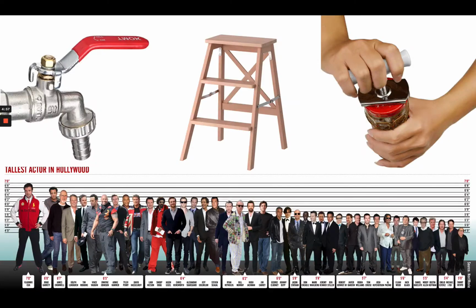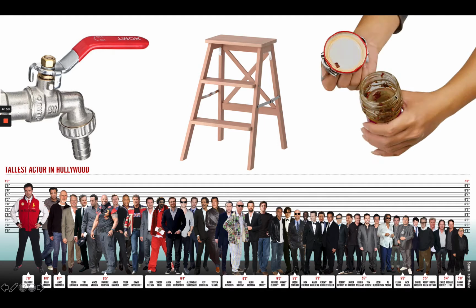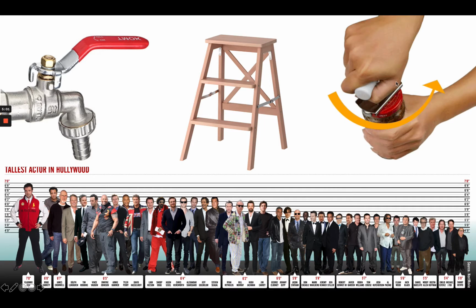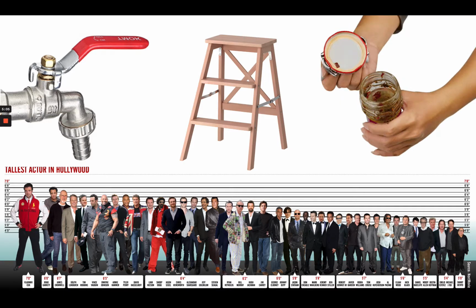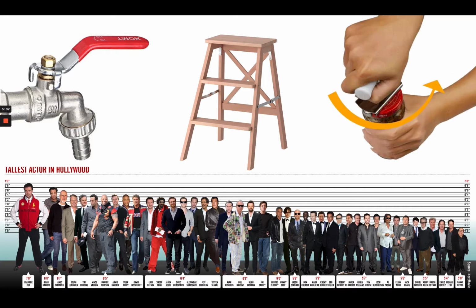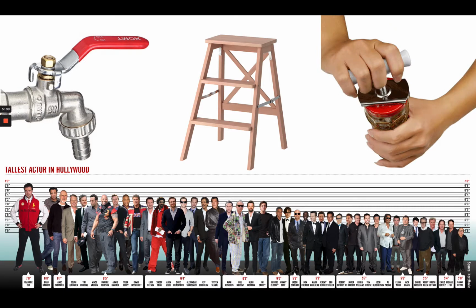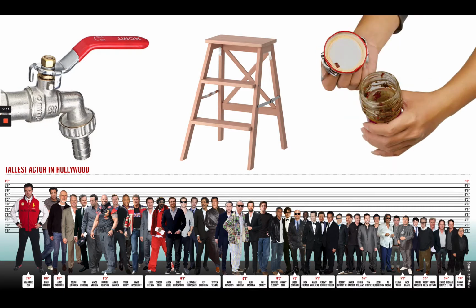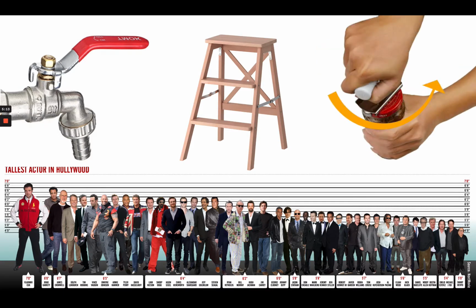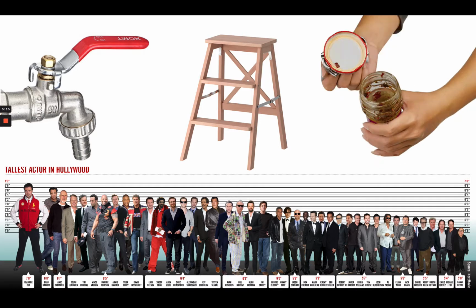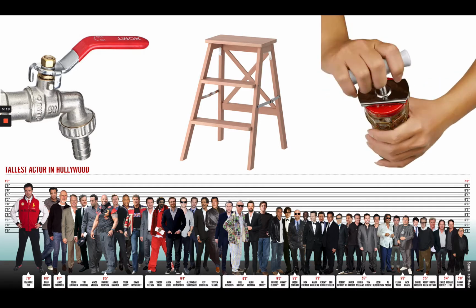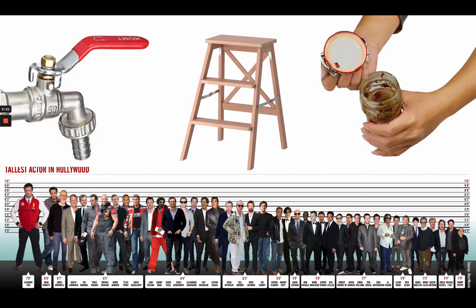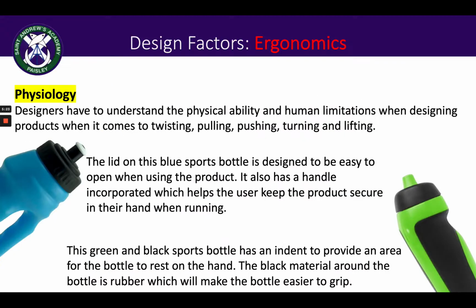And if I skip back a few slides again, if you look at this jar opener, it can't be too tough to open. So it has to be designed so that it is easy for humans to be able to twist it. If it's too tough, people won't want to use the product. If it's too loose, the product might fall open on its own. So you have to think about how people are going to be operating it.